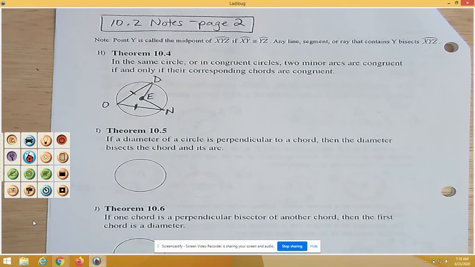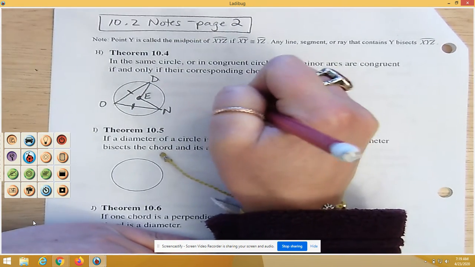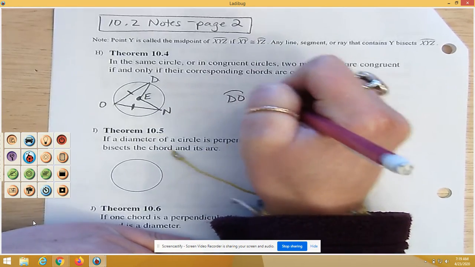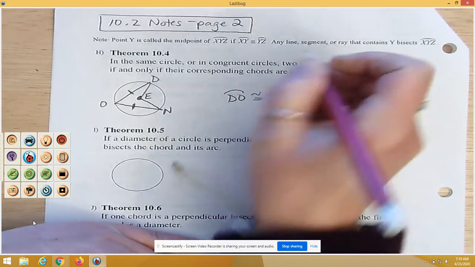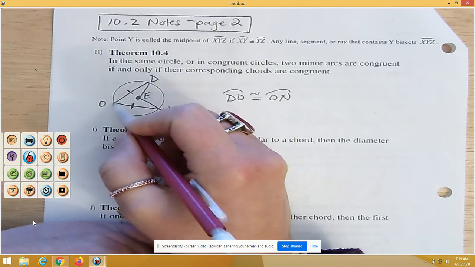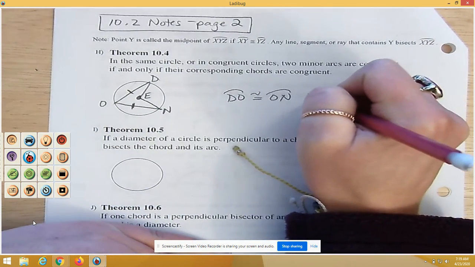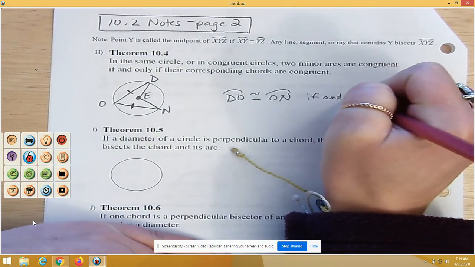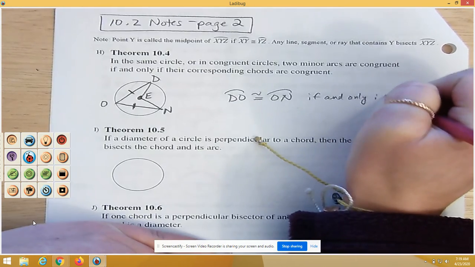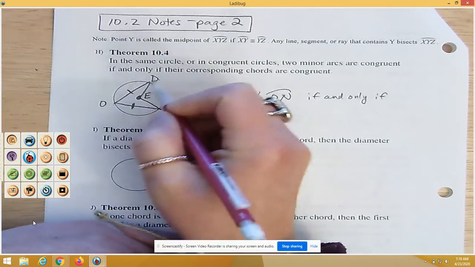All right, so anyway, 2 minor arcs are congruent if and only if the chords are congruent. So this just means arc DO would be congruent to arc ON. So this arc will be congruent to this arc if and only if the segments are congruent.